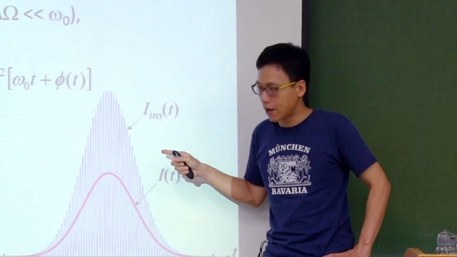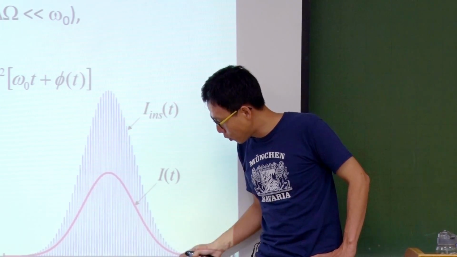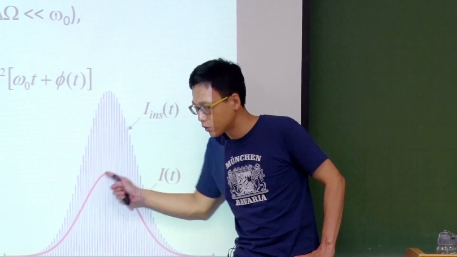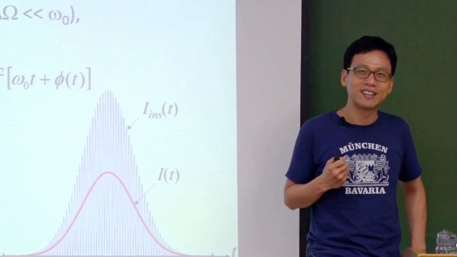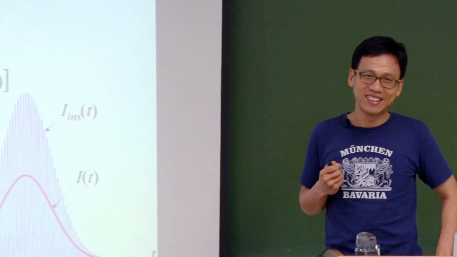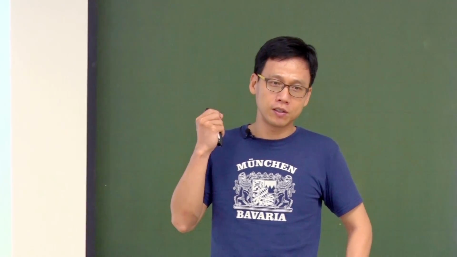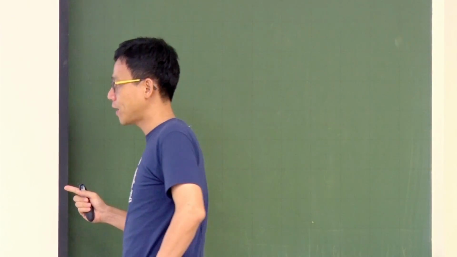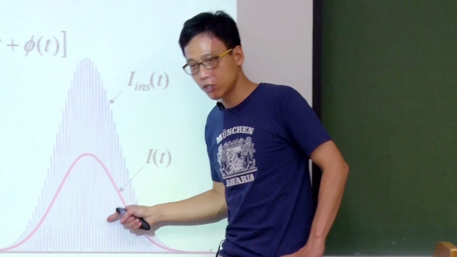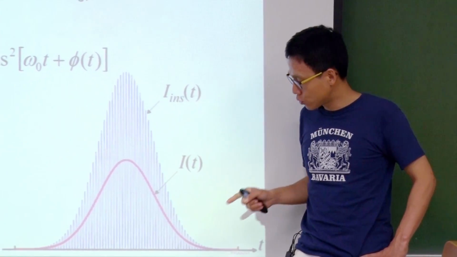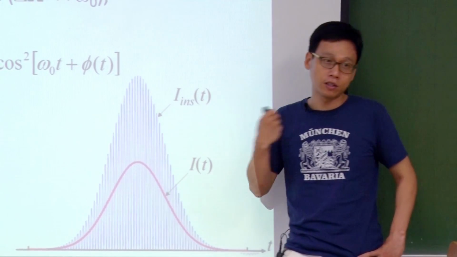If you take the average value position by position, you get the red curve. So if your detector is not fast enough to trace the fringes, but fast enough to trace the envelope, you get the red curve.